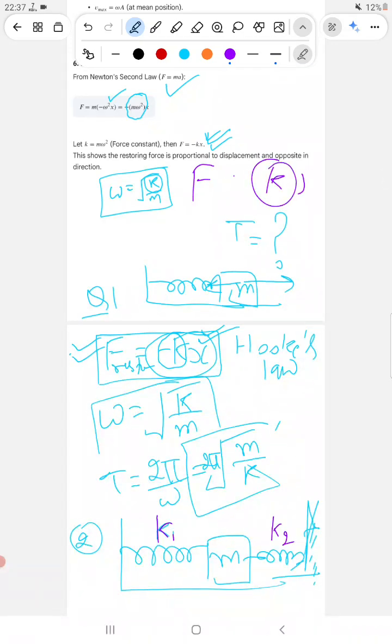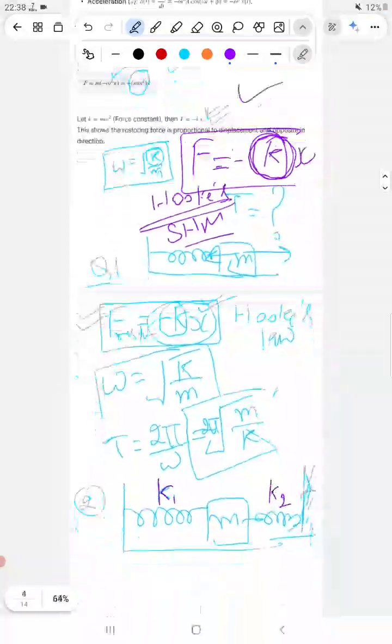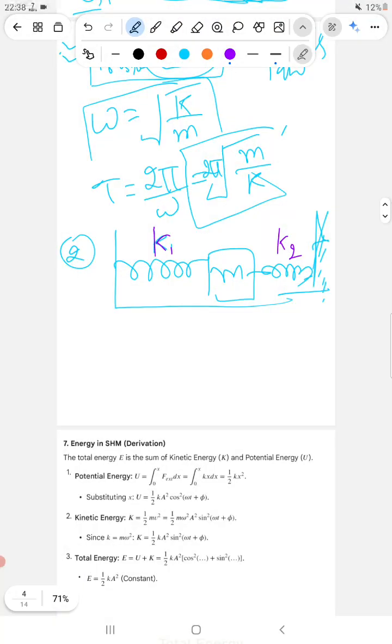We are using this k for the force constant in SHM, as well as for the spring constant. Force constant and spring constant are different, but we are using the same formula because one is governed by Hooke's law, and the same is governed by the SHM force law which we have done. Both give the same value, but they are different.